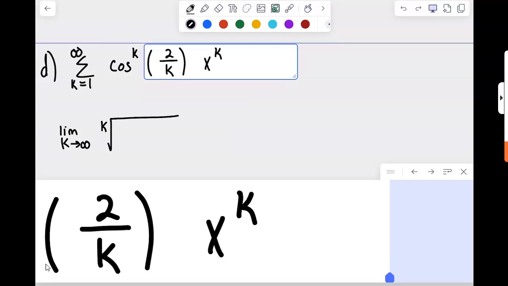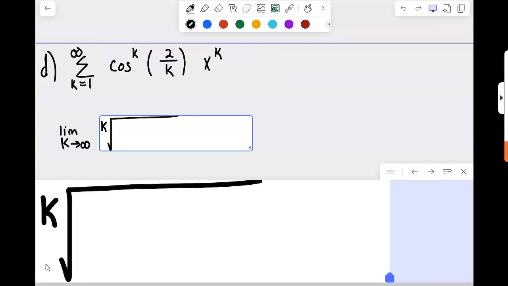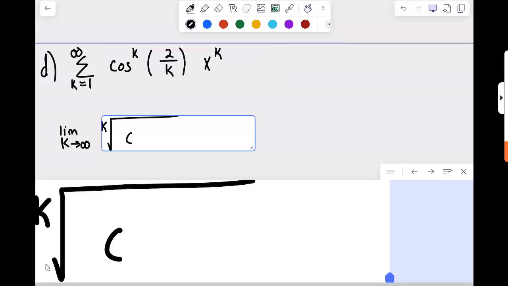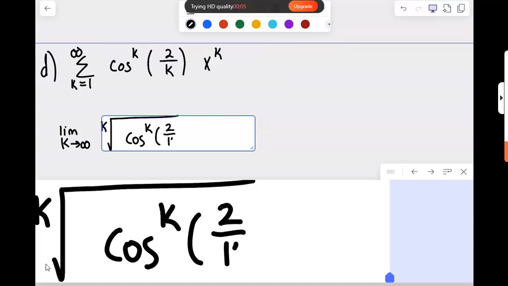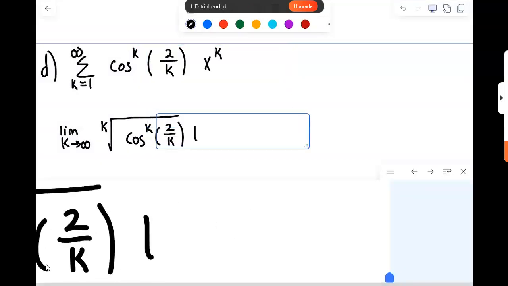So the cosine is actually going to be close to 0 on the positive side. So all the cosines as we go out to infinity are actually going to be positive. So I can actually write this just as cosine to the k, because I'm not really worried about those initial times that the cosine is actually negative. So we're not going to worry about that. X, of course, though, still needs to be inside absolute value.